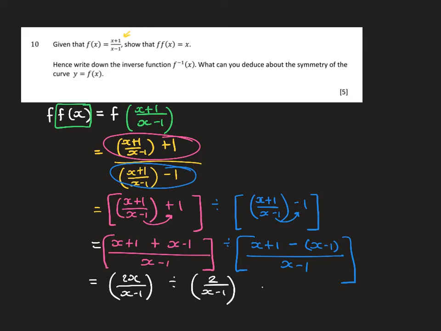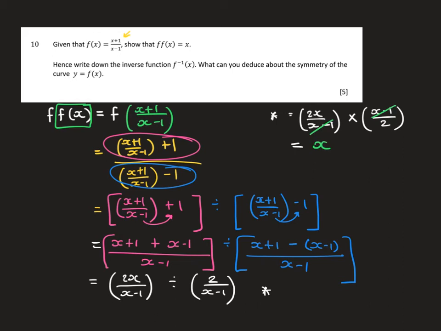Now what happens when you divide one fraction by another? We multiply by the reciprocal, like that. And you can see here we get a solid cancellation there. 2x divided by 2 leaves us with an answer of x to finish off with.